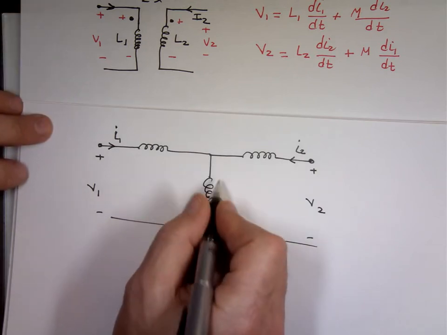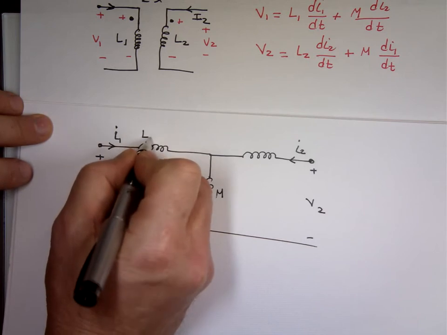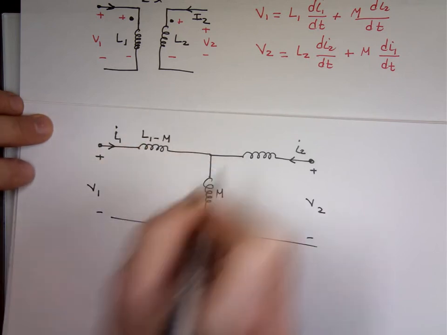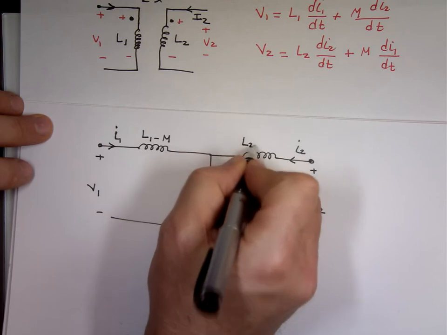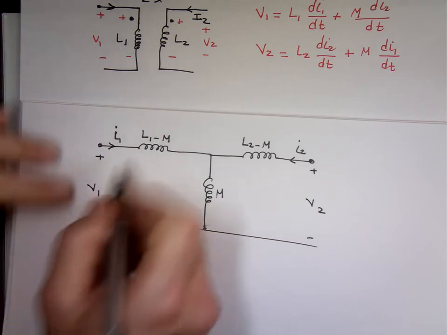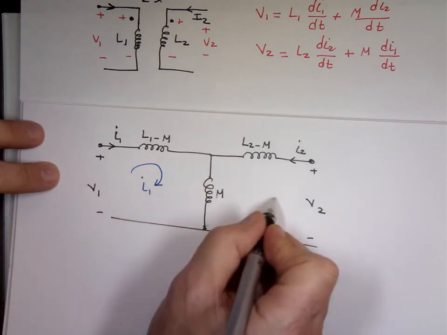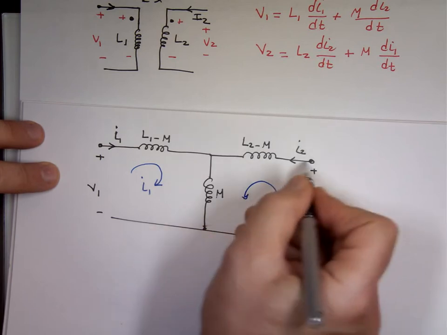Let's call this value M. Let's call this value L1 minus M. And let's call this value L2 minus M. There's no mutual inductance here. I don't have to deal with mutual inductance. So I sub 1 is this current. And I sub 2 is this current, right? I define it going in.